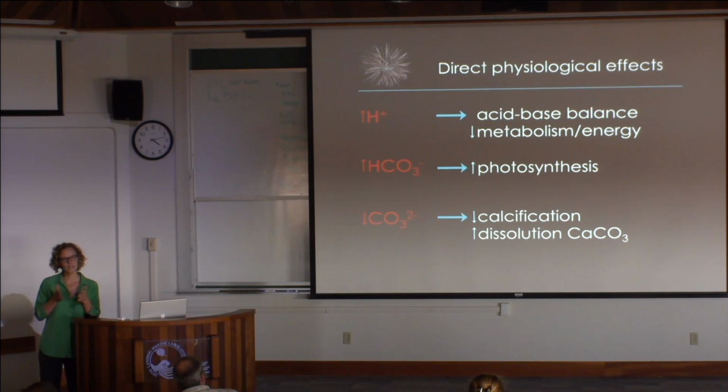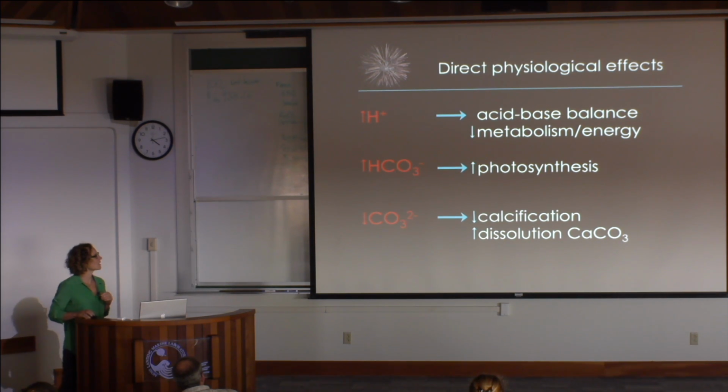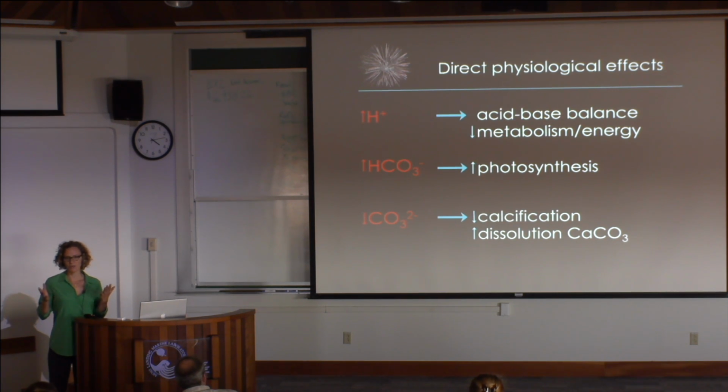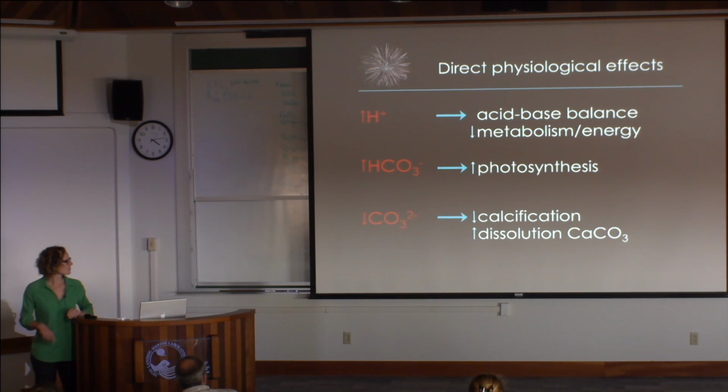So the changes in the acidity can affect the acid-base balance of different organisms. Some organisms can cope with this, but that is likely to have effects on their energy budget and their metabolism. A lot of the marine plants and algae use bicarbonate or carbon dioxide, so the increase in that bicarbonate ion concentration can actually benefit the photosynthesizers. And then last, what's really garnered the most attention is the carbonate ion concentration.